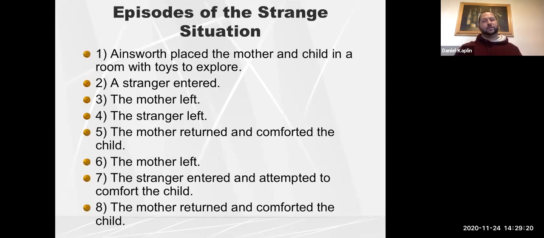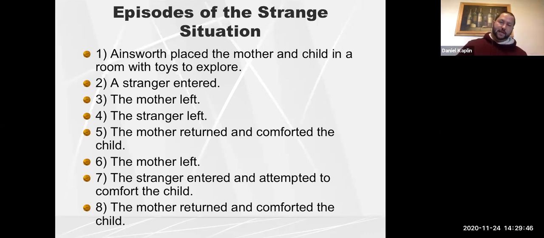So the strange situation procedure was as follows. Mary Ainsworth placed a mother and a child in a room with toys, and a stranger entered the room, stayed far away, and then slowly came closer. Eventually, the mother leaves. Now the child is left with the stranger alone.